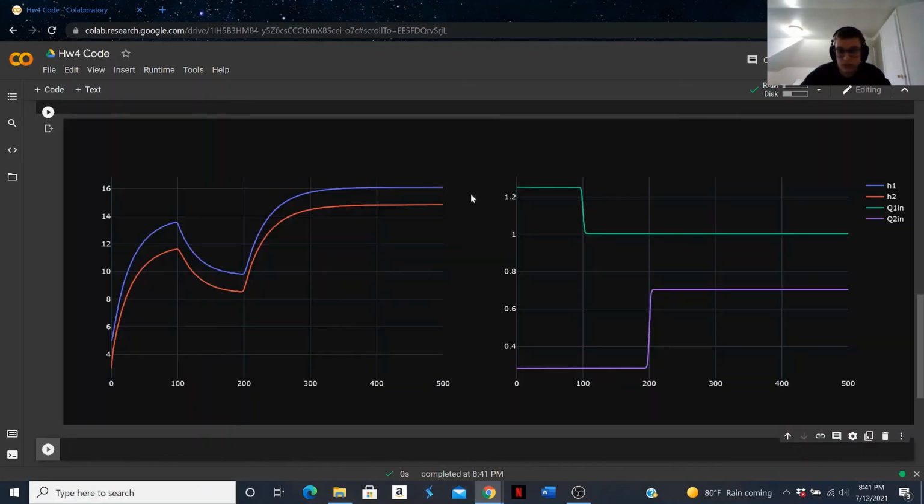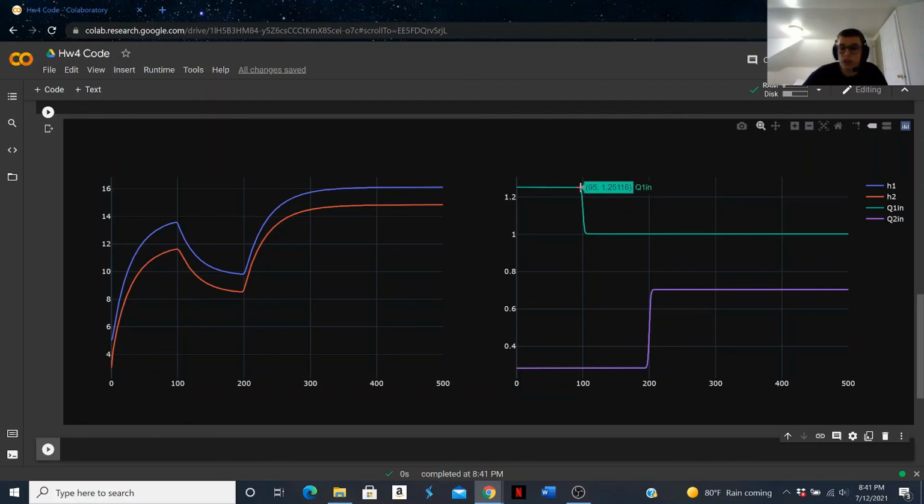Let's check those. And that is looking exactly how we want it, which will help us locate our error. This is exactly what we're looking for, right? So if we have a Q1 in, and then at time 100, at 100 seconds, we get the sigmoid function.